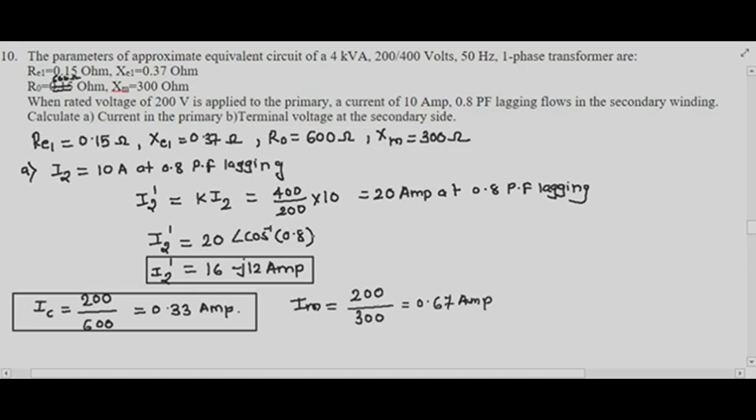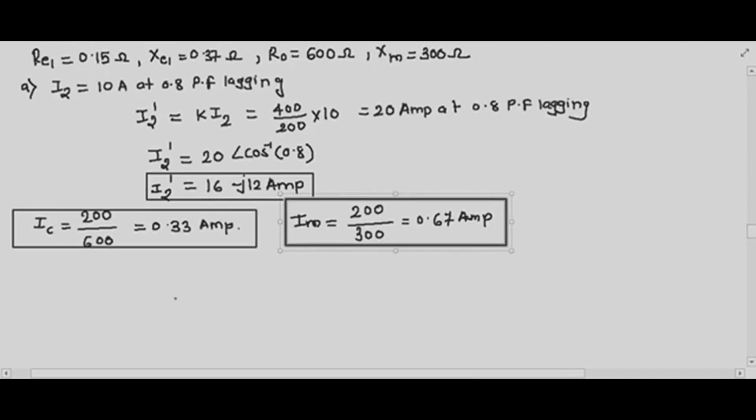So again I will write down my no load current in rectangular form. So what is my I0? My I0 will be IC minus JIM, which is equal to 0.33 minus J of 0.67 ampere.